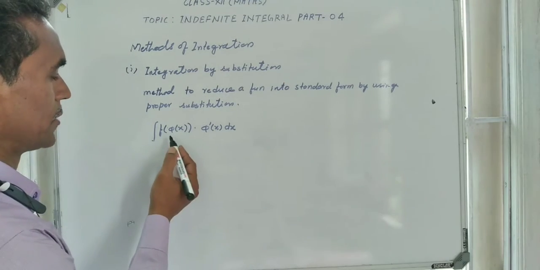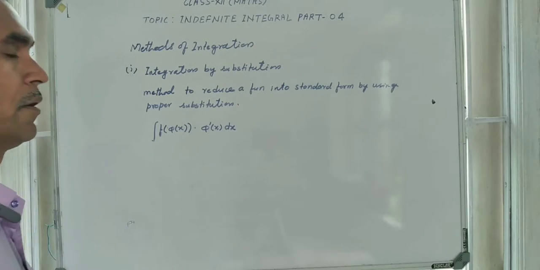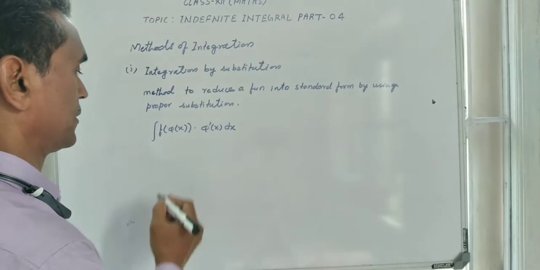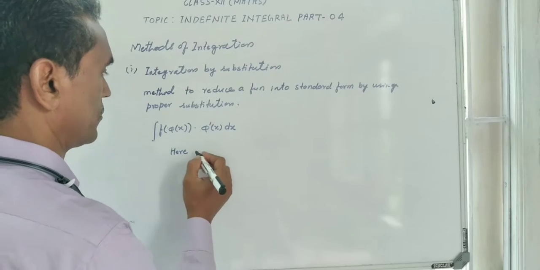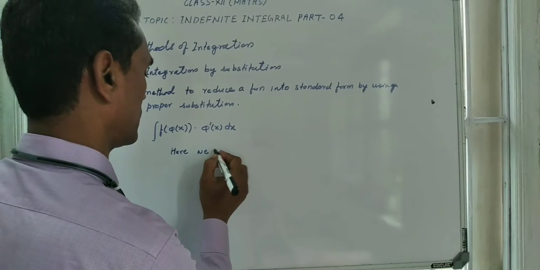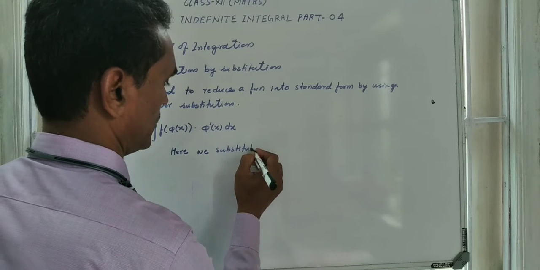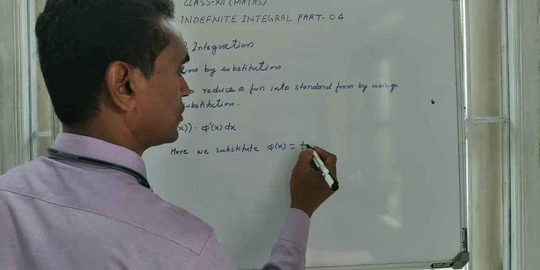Here if you observe, f is a function of phi and phi is a function of x, and the derivative of phi x is given. Here we substitute phi x equal to t.